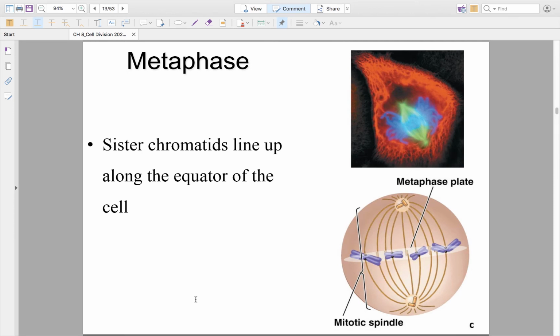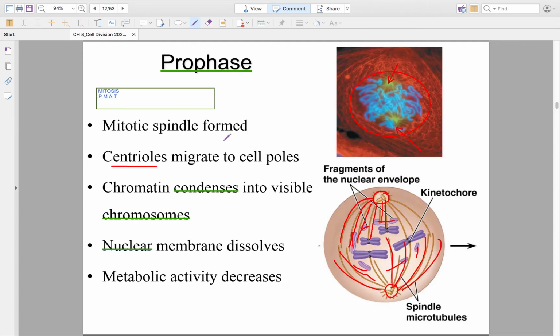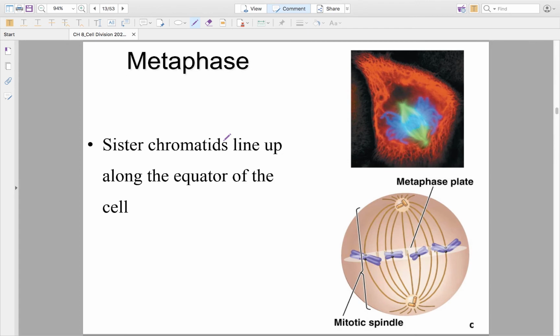Metaphase. During metaphase, I want you to pay attention to this. This is pretty interesting. Between prophase and metaphase, we've come a long way. What's happening here is the centriole and its mitotic spindly arms are connected to one of the sister chromatids on this side, and this one is connected to the sister chromatids on this side.